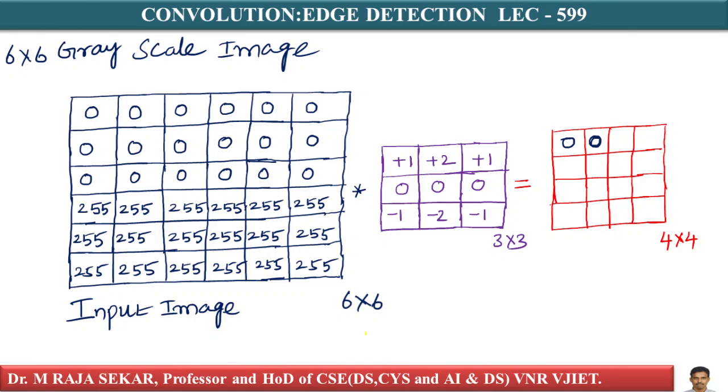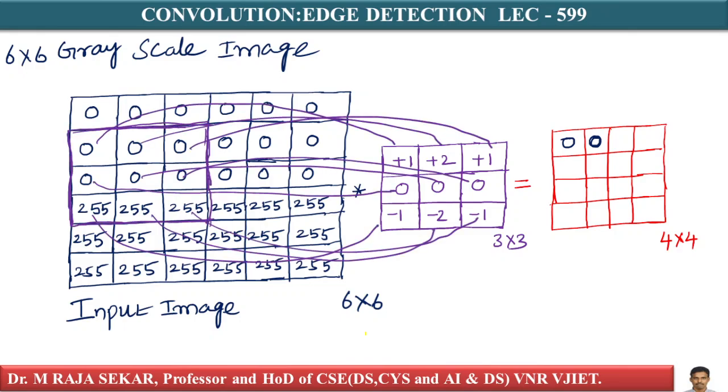Let's take a simple case. Let's take this kernel matrix, 3 by 3 matrix, and I am considering this part, which I have already highlighted. Where can I keep this one? I have to keep it here, isn't it?